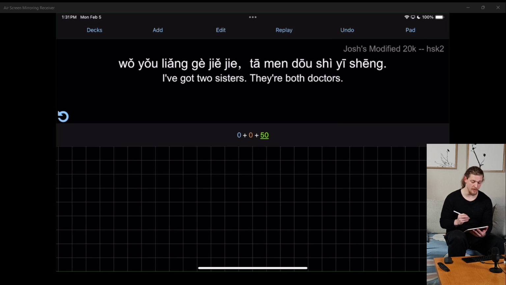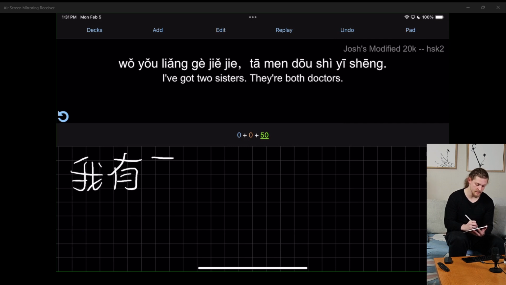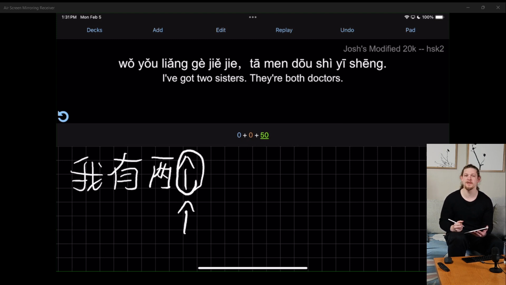So here we have 我有2个姐姐，她们都是医生。So 我 I 有2个. In Chinese they have these measure words. Ge is like the basic general purpose measure word.